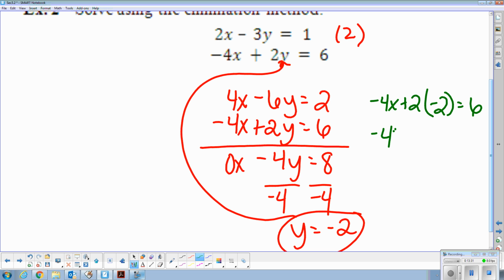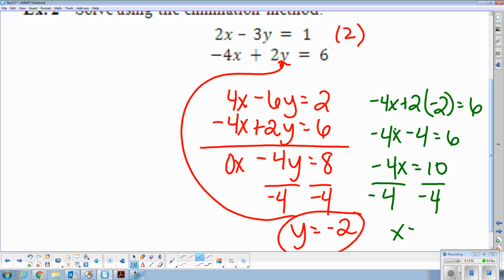So negative 4x minus 4 equals 6. Negative 4x plus 4, I'm going to add 4 to each side, equals 10. And divide both sides by -4. And I get x equals -5/2.